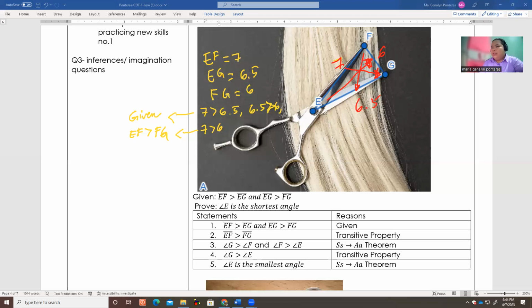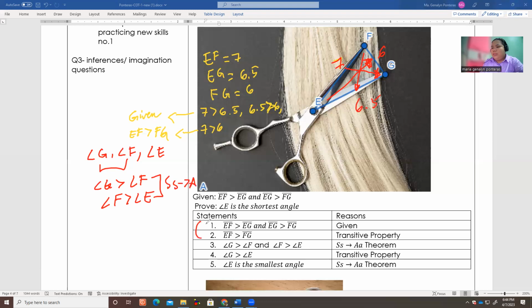So, this one. Ayan natin. No? So, ito yung naging order, angle G followed by angle F followed by angle E. So ito muna, angle G greater than angle F, tapos si angle F greater than angle E. Ito yung first two. That is side to angle.